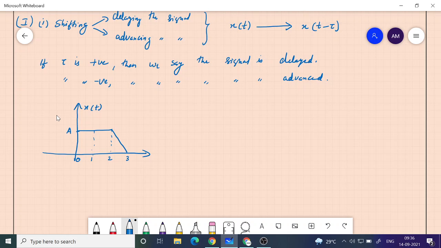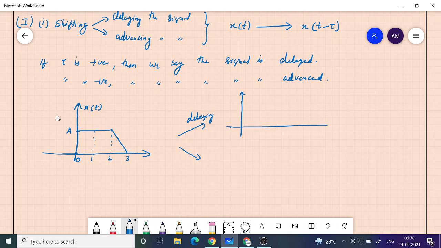Delaying means the signal which was supposed to start at t equal to 0 for x of t, instead of starting at t equal to 0, starts at a later time. That's what we mean by delay.